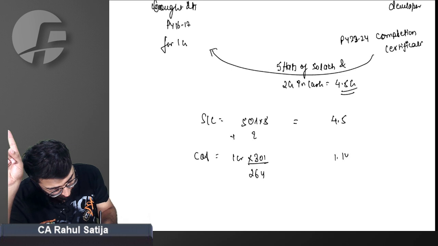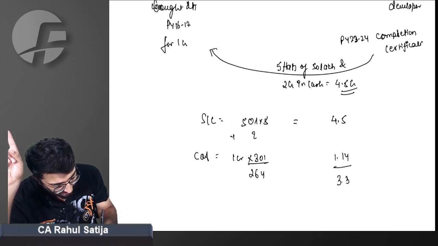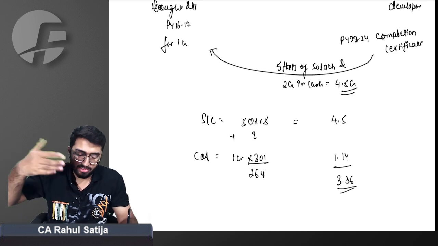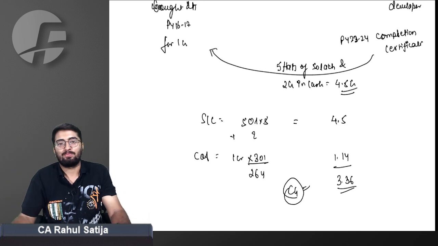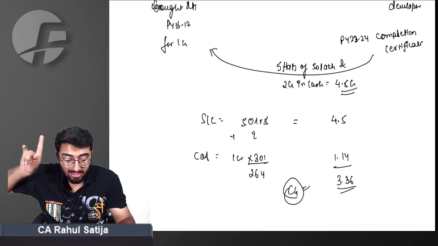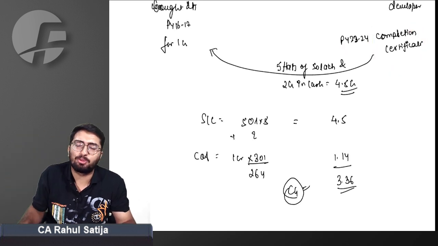It will be 1.14 CR, so capital gain will be 3.36 CR. This will be the amount of capital gain applicable to me, but this will be taxed in the year in which completion certificate is received and not the year in which transfer took place.